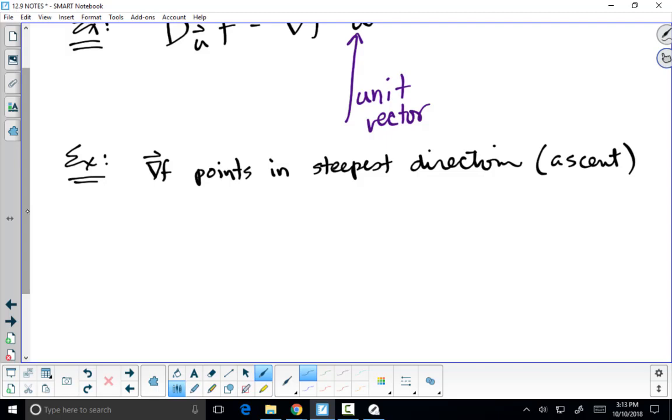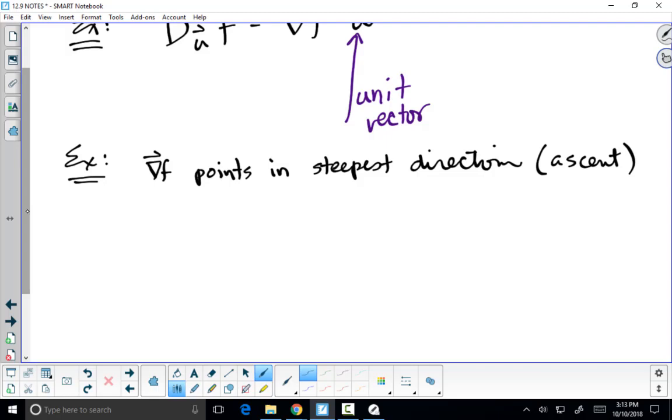And then the rate of change in the direction of steepest ascent is the length of the gradient. So the gradient gives you the maximum rate of change in all directions. If you know the value of the gradient, you know the steepest rate of change at a given point.